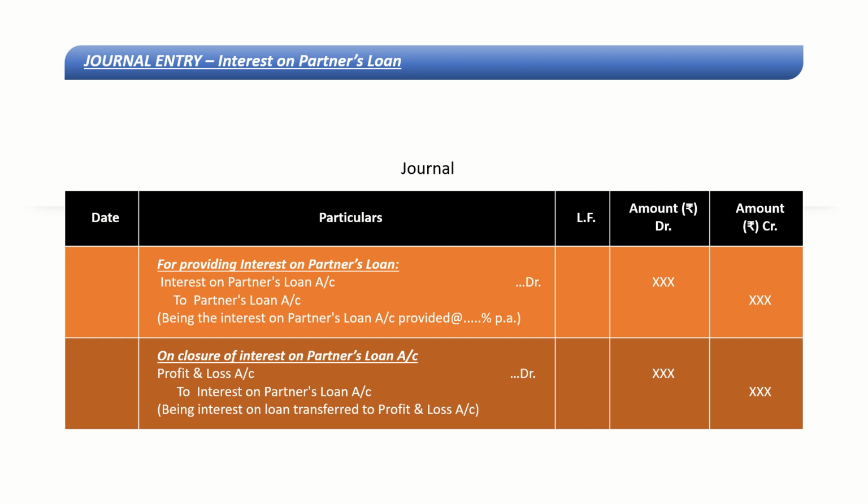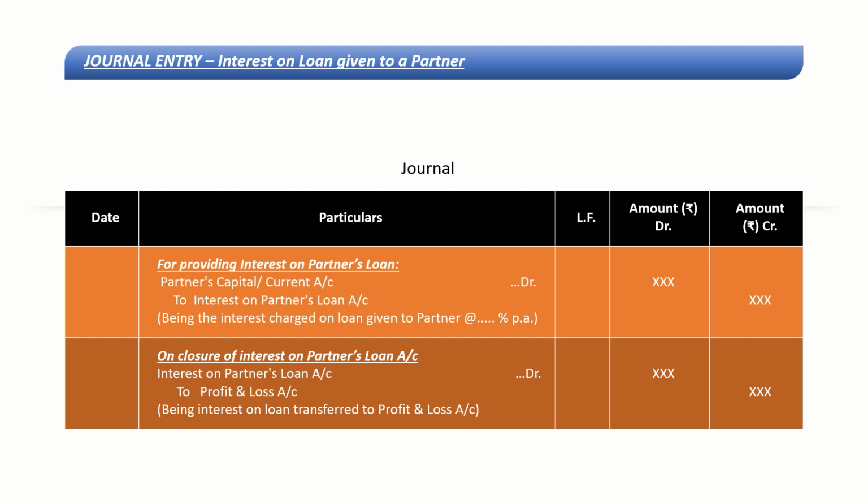So, interest on partner's loan account is debited to partner's loan account, and profit and loss account is debited to interest on partner's loan account. Okay. So here see no PL appropriation account is there, no partner's capital or current account is here. These are passed through partner's loan account, interest on partner's loan account, and profit and loss account.